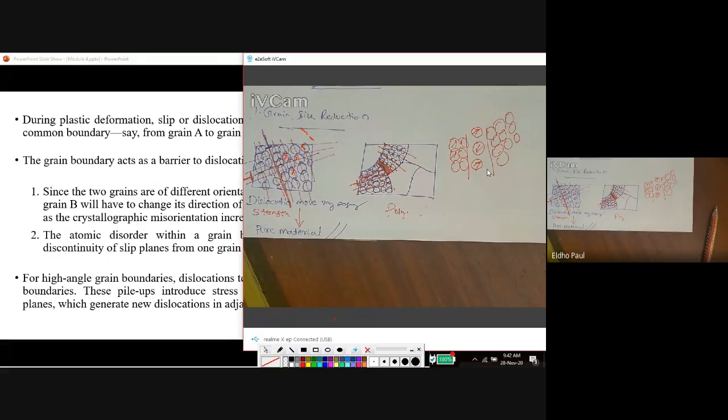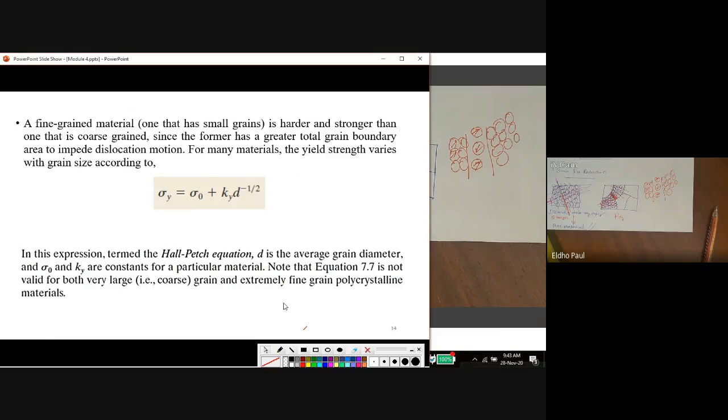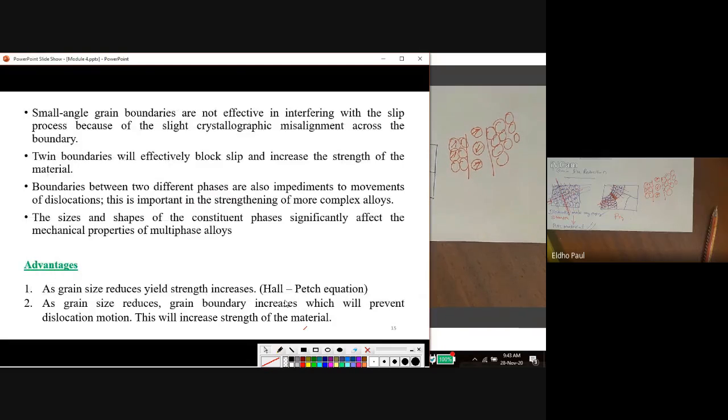At a high angle grain boundary, dislocations tend to pile up at the grain boundaries. This pile up induces stress concentration ahead of the slip plane, which generates new dislocations in the adjacent grain. I will explain what pile up is later. So this dislocation pile up is also a reason for the increase in strength of the material. Any doubt?